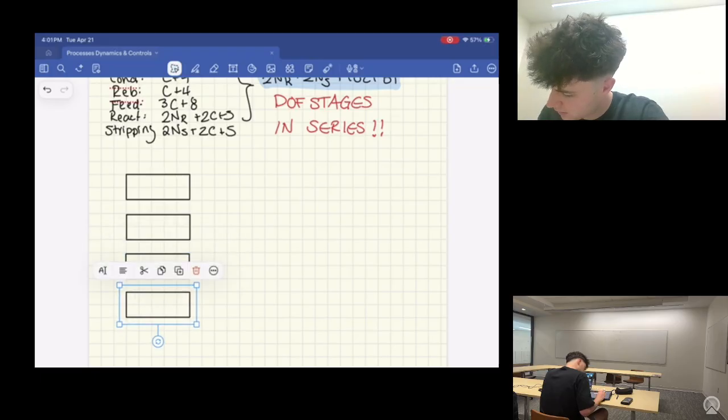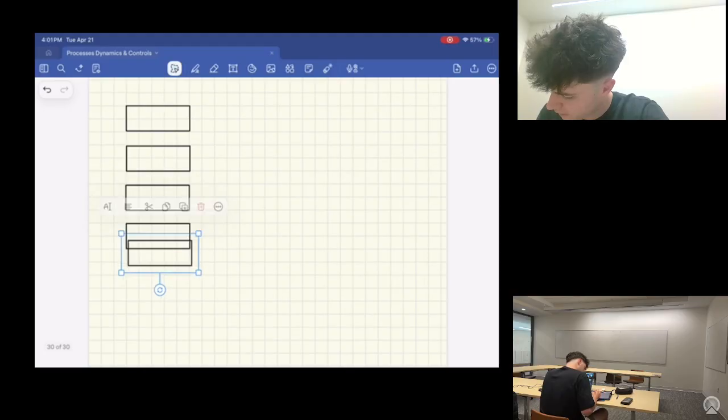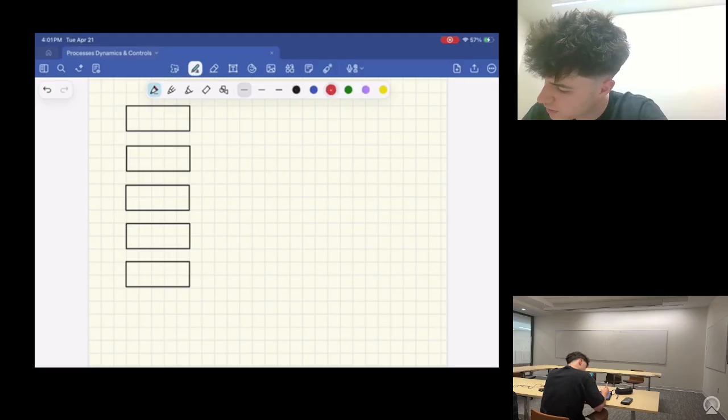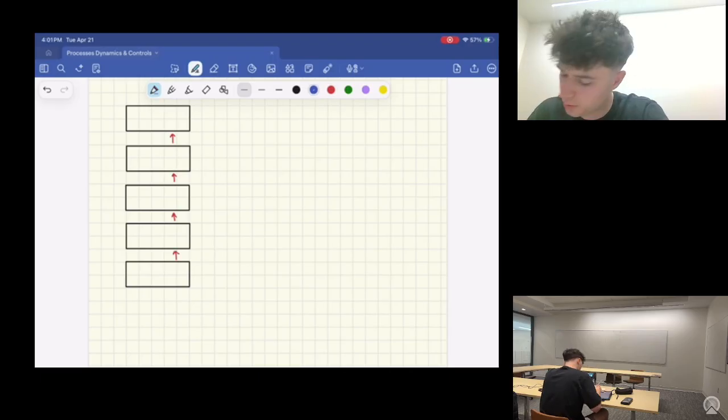Duplicate this again. Duplicate again. So now we do have streams in every single one. I'm going to draw some in red. These red ones are going up, and the blue will be going down.